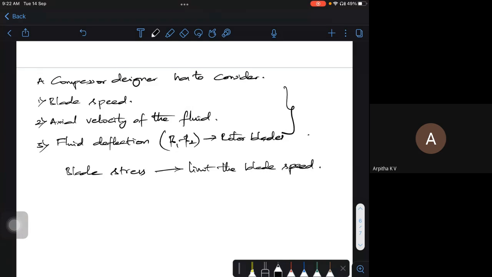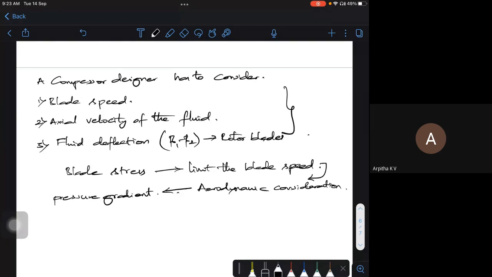So what is beta? Blade angles. It has an impact on the aerodynamic considerations, that means giving the shape of that particular blade. So what we have is a pressure gradient.